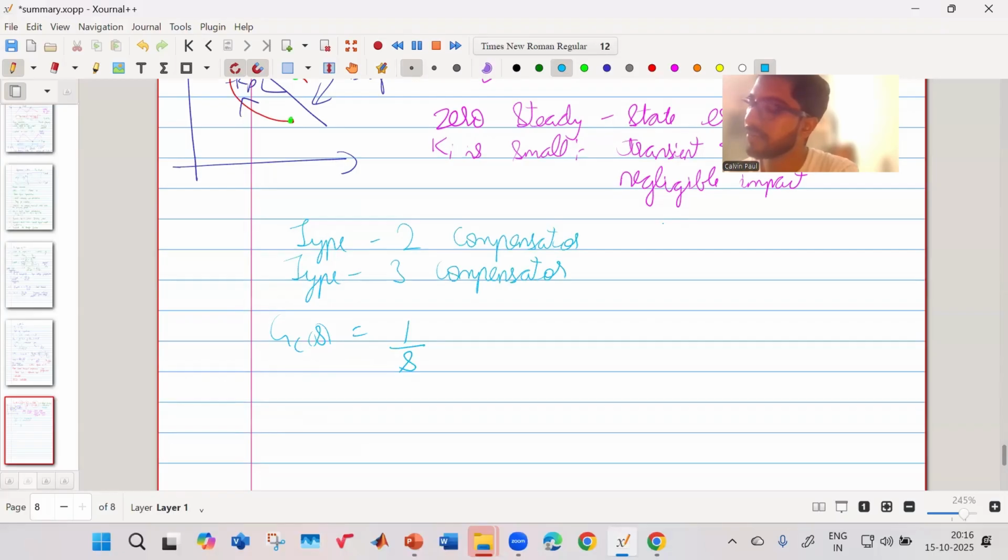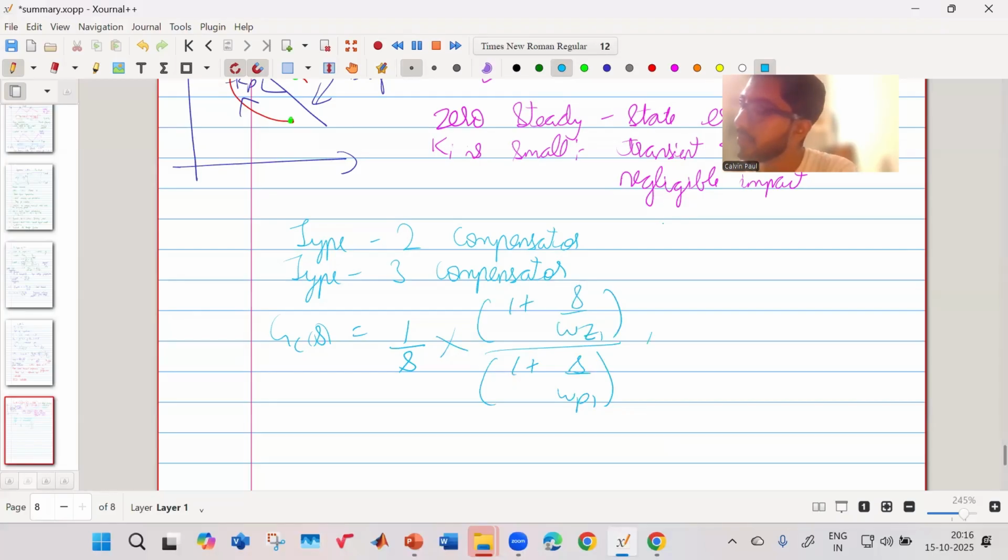That has to be there. Then you have 1 plus S upon omega Z1, and 1 plus S upon omega P1. If this is your compensator, then this is a type 2 compensator.